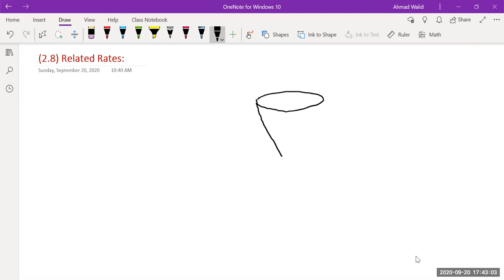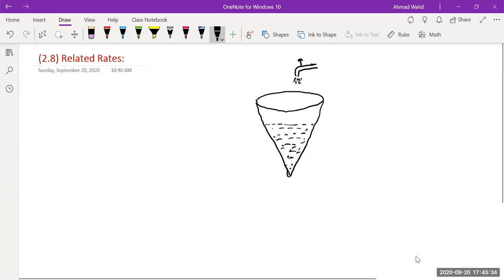This is a cone, this is the tank of water, and I have water. I'm filling this tank. Maybe it's a city water tank or whatever. We have water inside this tank. Let's draw a faucet here. This is the faucet, the water is coming down into this cone.